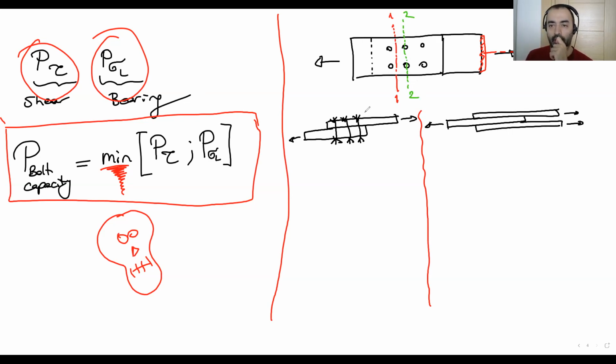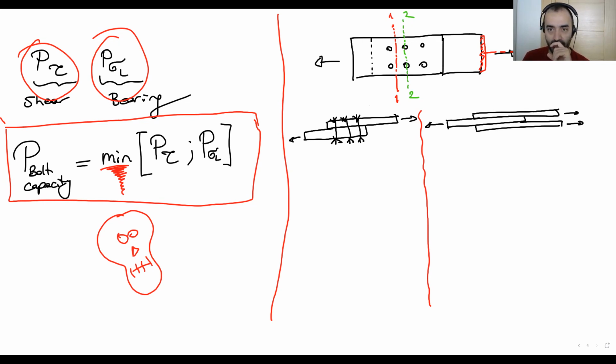So you should select the second one, where you have bolt holes, because in section 1.1 you have a solid steel section. That's okay, but the most critical one is not the total area in section 1.1. If you take a look at section 2.2, by the way, let me draw these sections.